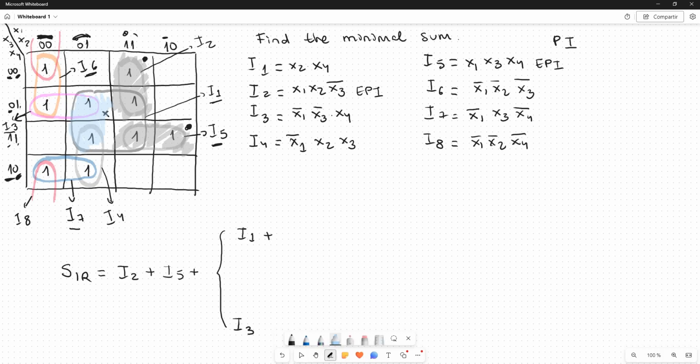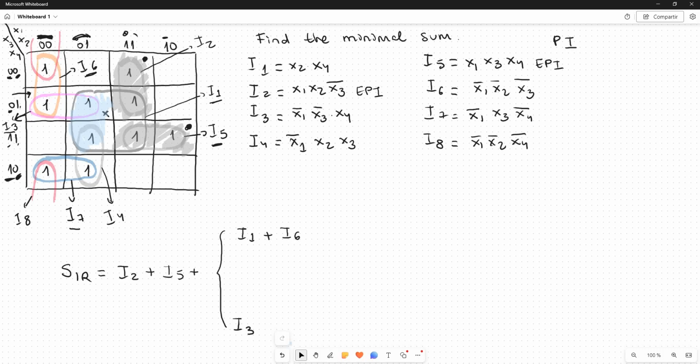For example, we go to the one on the left. This one can be covered again by two possible implicants, implicant 3 and implicant 6. I'm not going to include implicant 3 because we included implicant 3 in the previous bifurcation, so I'm going to consider only implicant 6.